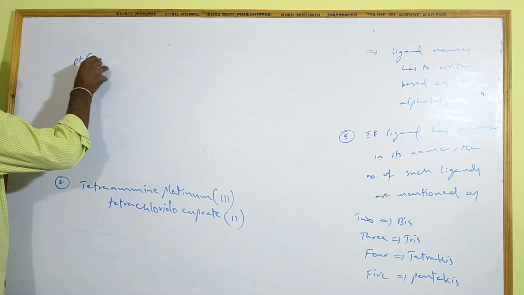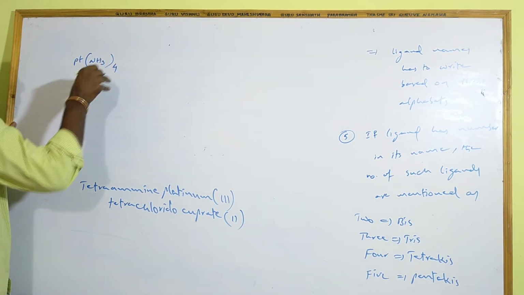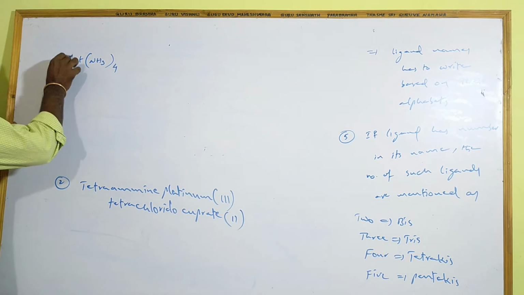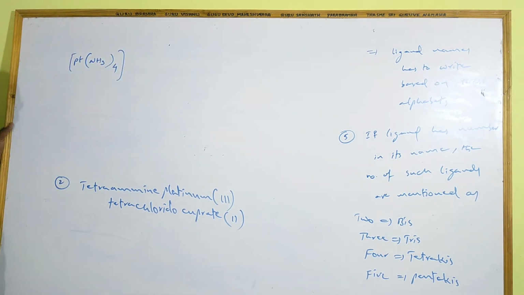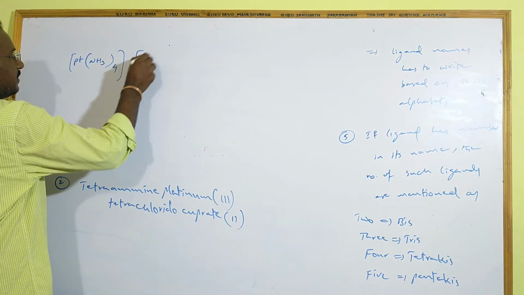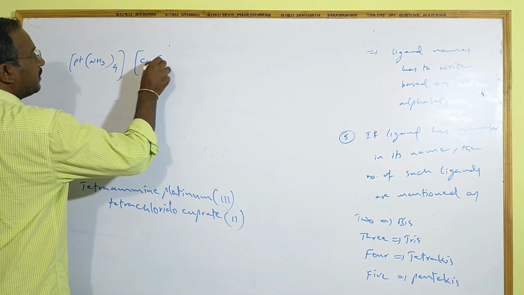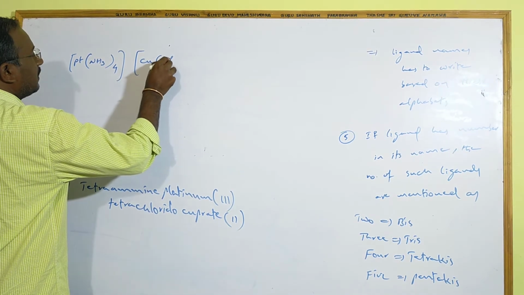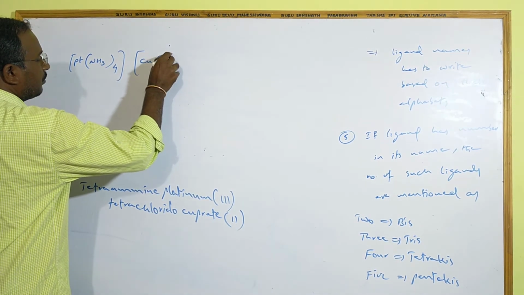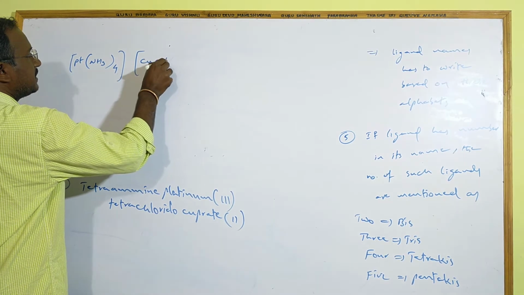Ammine means NH3. How many are there? 4 are there. So this is cation. Number let me write later. Then anion, copper. What are they? Tetrachloride, Cl4. Or let me write CuCl4.